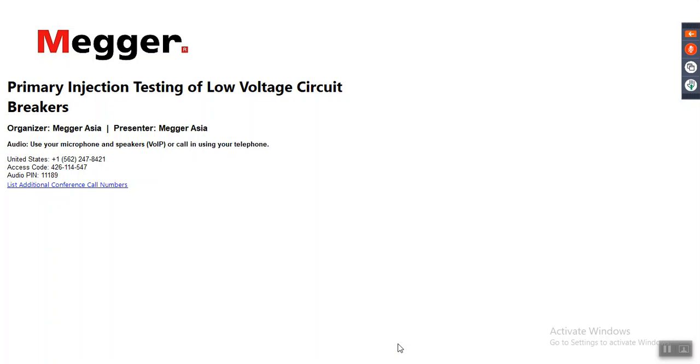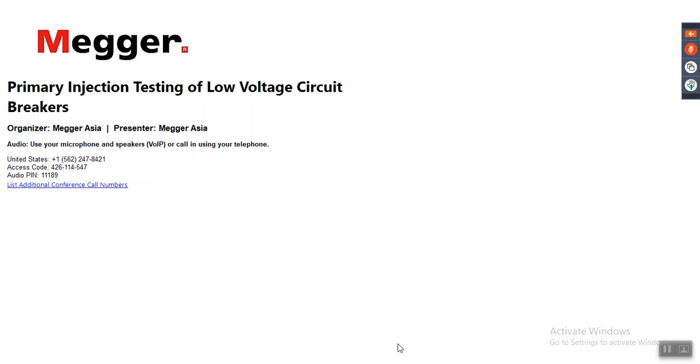From the primary injection, we just see the characteristic of the timing and the sensitivity of the breaker, because usually we do the pickup testing and timing testing.